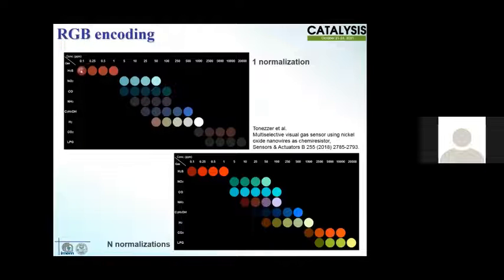In this case, you can see that we were able to discriminate the 8 different gases in a visual way, with one normalization on all the data set in this case. But since you can recognize the different colors here, you can also apply a different normalization for each gas, and in this case you can enhance the difference.